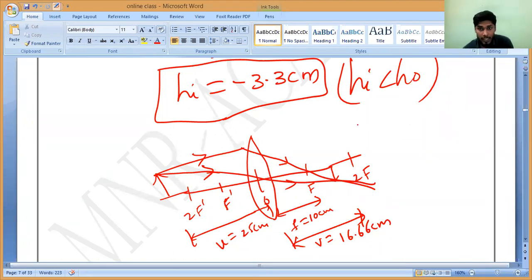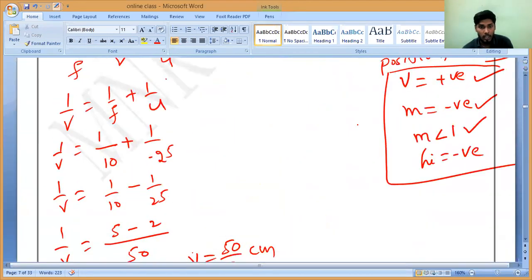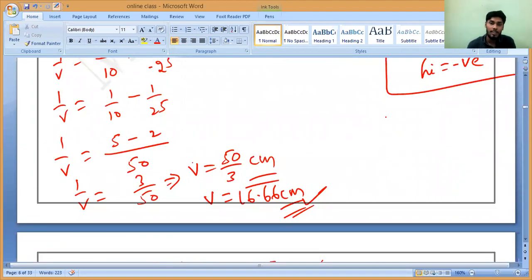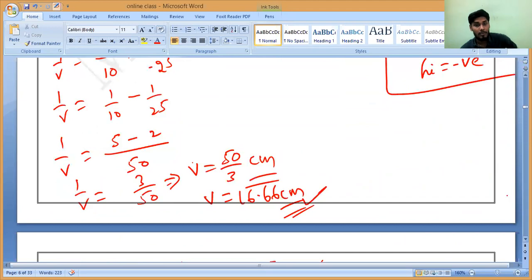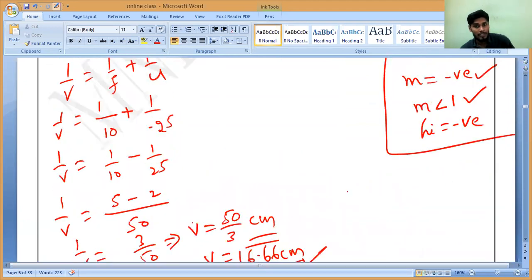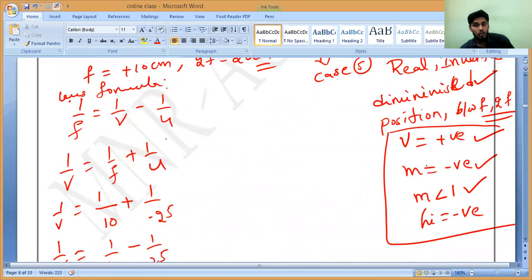So at every stage you have to verify the sign convention. Suppose Arvind said, sir, v equals, here it is plus 1 by u. But later it will become minus, yet he said plus. If you have made a mistake, definitely v will come negative. By that time you can understand that somewhere I have done wrong. So we don't need to go for the next three steps.